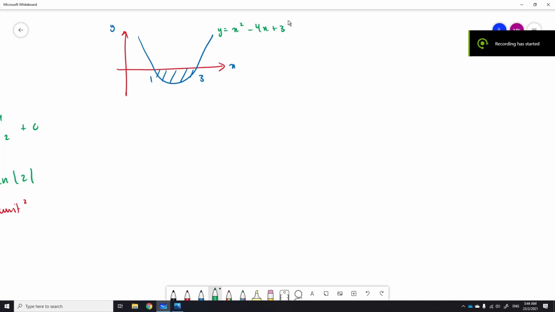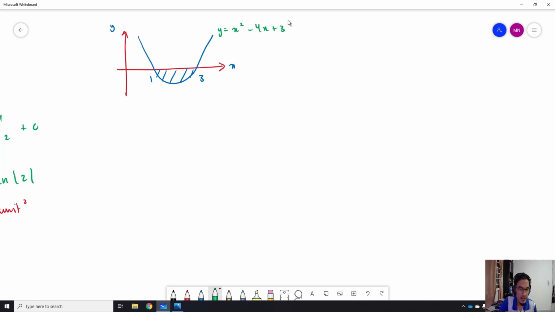Okay, so now we want to find the area under the graph of the region between 1 to 3 on the x-axis. So even though the region falls in the area of negative y, that doesn't matter, we just integrate the equation like usual. So this will be the equation.